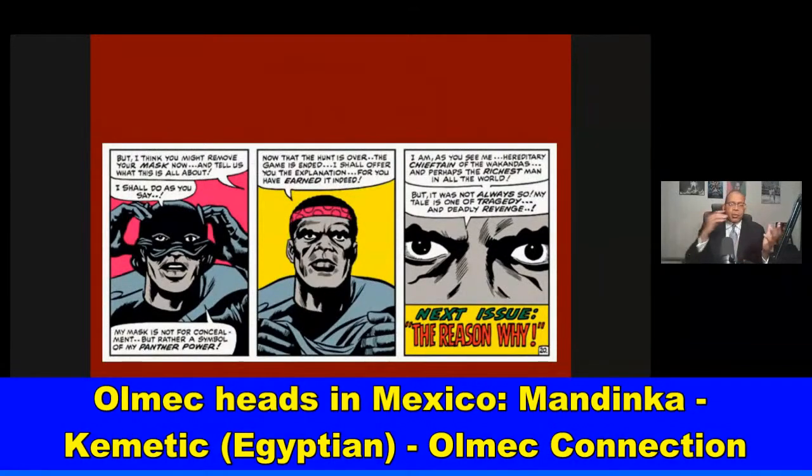And this was the first time we saw an African superhero, or a Black superhero like this. And it says at the end of issue 52, as you see, Chieftain of the Wakandas, and perhaps the richest man in all the world.